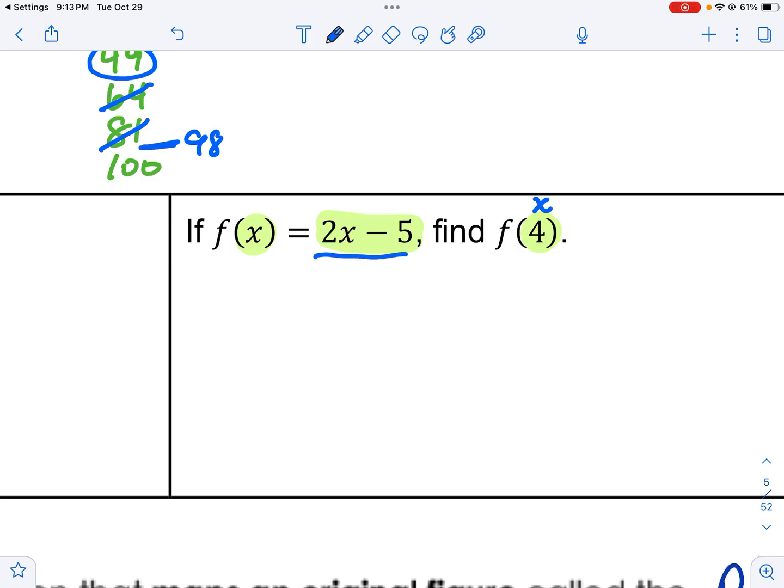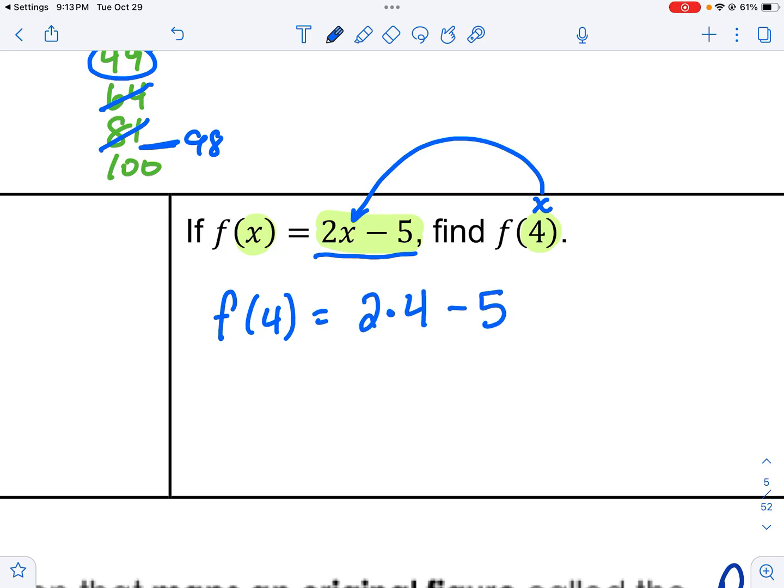So we're going to go to this expression right here, and we are going to plug 4 in everywhere we see x. So to find f of 4, we're going to take out x, we're going to plug in 4. So we're going to do 2 times 4 minus 5. Well, we know 2 times 4 is 8, and 8 minus 5 is 3. All right, so f of 4 is equal to 3.